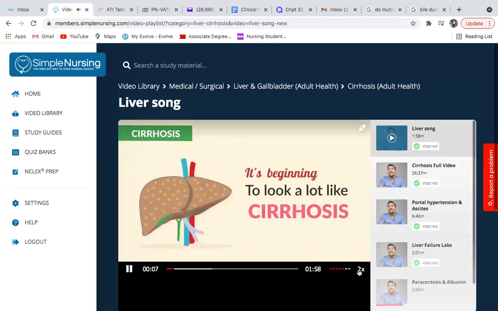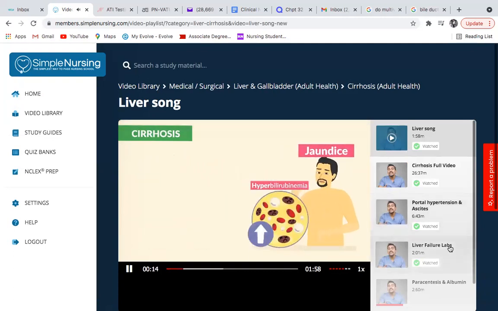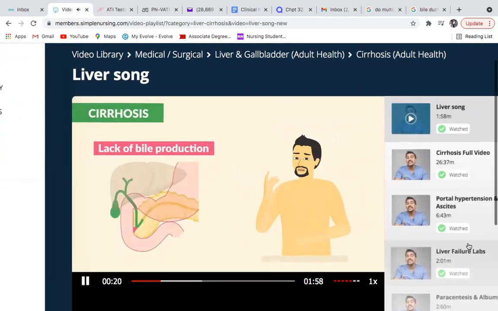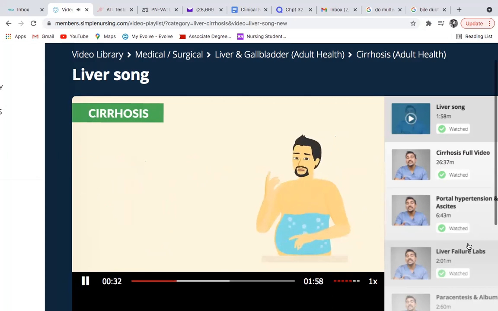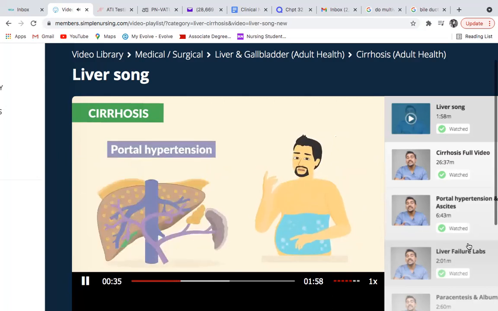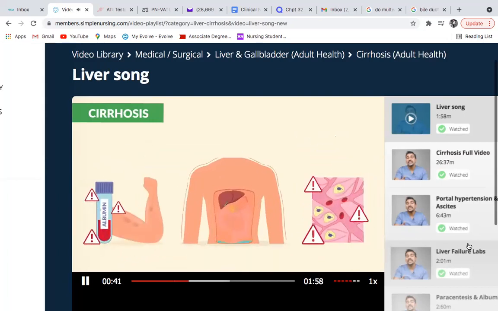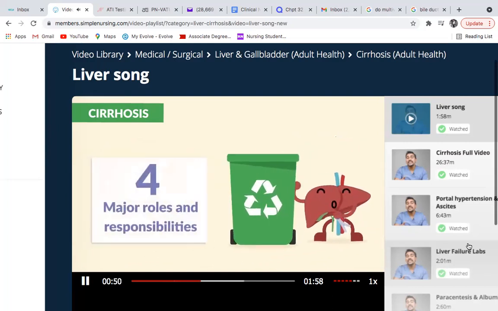It's beginning to look a lot like cirrhosis, jaundice of the skin from the hyperbilirubin, waste products of hemoglobin, due to lack of bile production. It's beginning to look a lot like ascites, fluid in the abdomen, from the portal hypertension, the lack of albumin, increased capillary pressure causing third spacing. The liver acts like a recycling company for major roles and responsibilities.